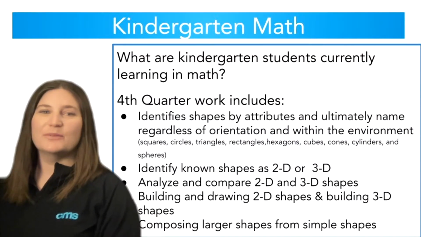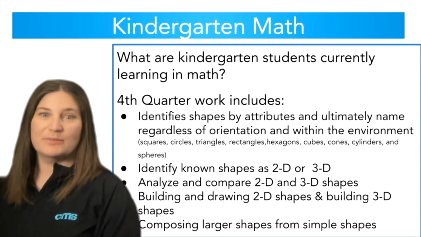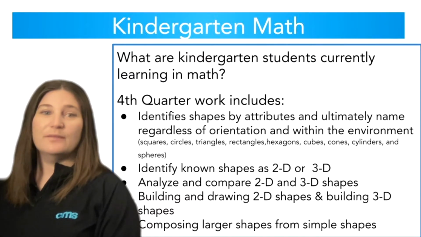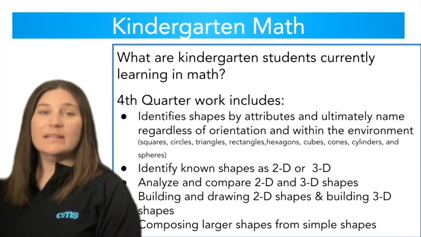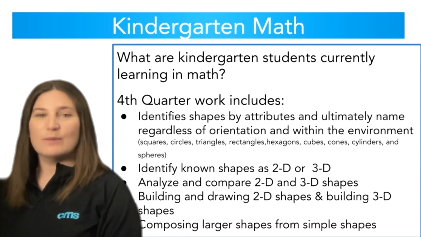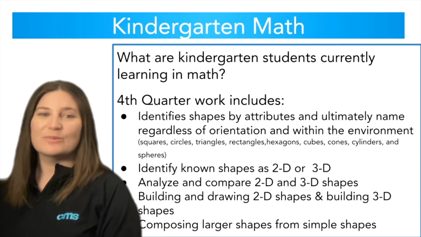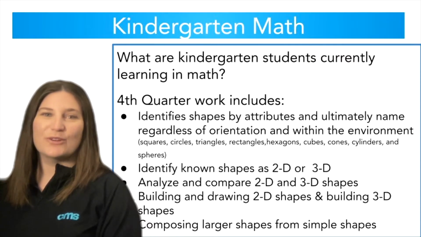Students will also be identifying shapes by attributes, by name regardless of orientation, and within the environment. Identifying shapes as two-dimensional or three-dimensional, analyzing and comparing shapes, building and drawing shapes, and composing larger shapes from smaller simple shapes. Today, I will be showing you some examples of student learning that your mathematicians will take part of during quarter 4.